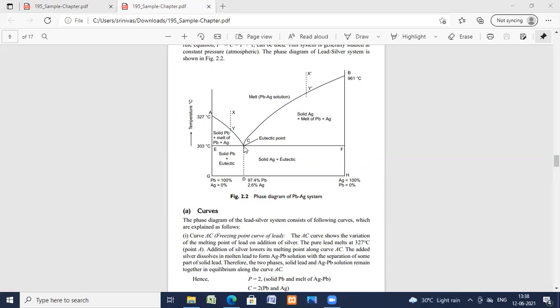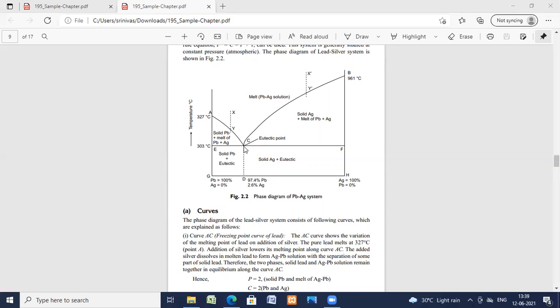At the eutectic point in the Ag-lead system, T is equal to 303 degrees, C is equal to 2.4% Ag plus 97.6% Pb. So at this point the system is invariant.